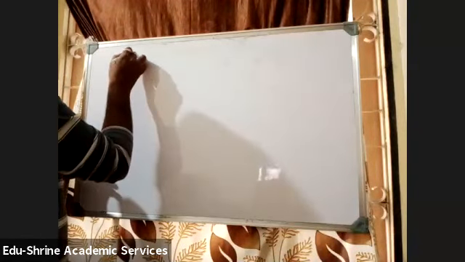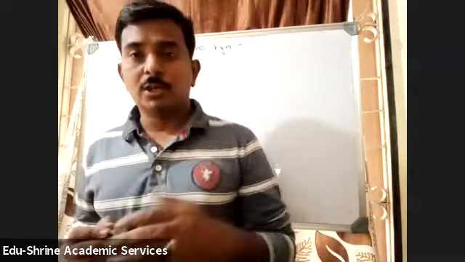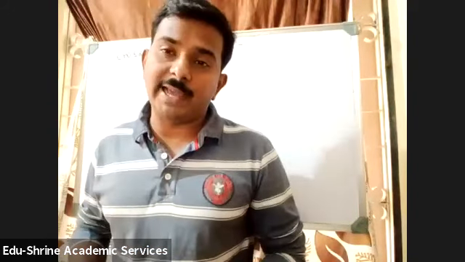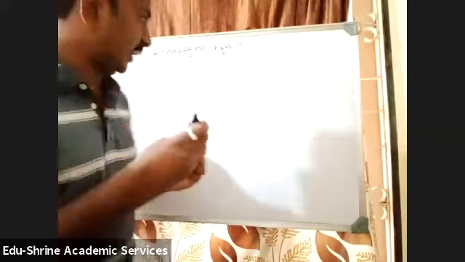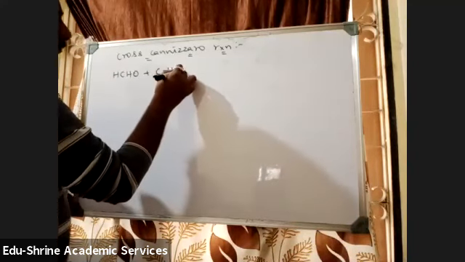Next one is the cross Cannizzaro reaction. So what do we mean by cross Cannizzaro reaction? Cross aldol means 2 different types. Here also, when 2 different types of aldehydes undergo the reaction, it is called the cross Cannizzaro reaction. Now see here. For example, one is formaldehyde, one is benzaldehyde.